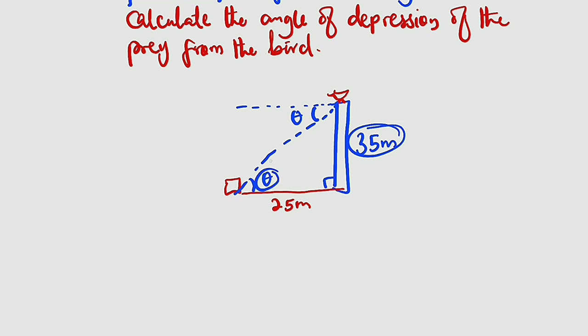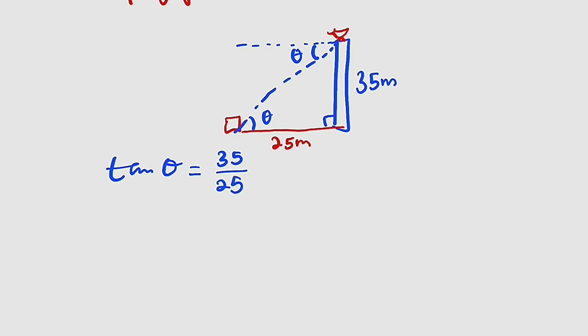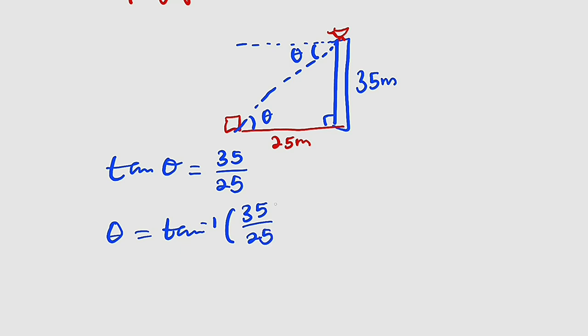This side is opposite to the angle, and this side length is adjacent to that angle. So we are going to use the tan ratio. Therefore, tangent of theta is equal to opposite divided by adjacent, and theta is equal to tan inverse, or arctangent, all the same, of 35 divided by 25.